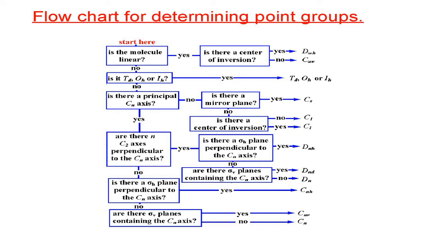For example, this ruthenium bipyridyl molecule, all these molecules come under this classification, Dn. Then, if the molecule doesn't possess a perpendicular C2 axis, then our point group index is C. Okay. Now, if the molecule possesses a perpendicular C2 axis, the index is D. If the molecule does not contain a perpendicular C2 axis, the index is C.